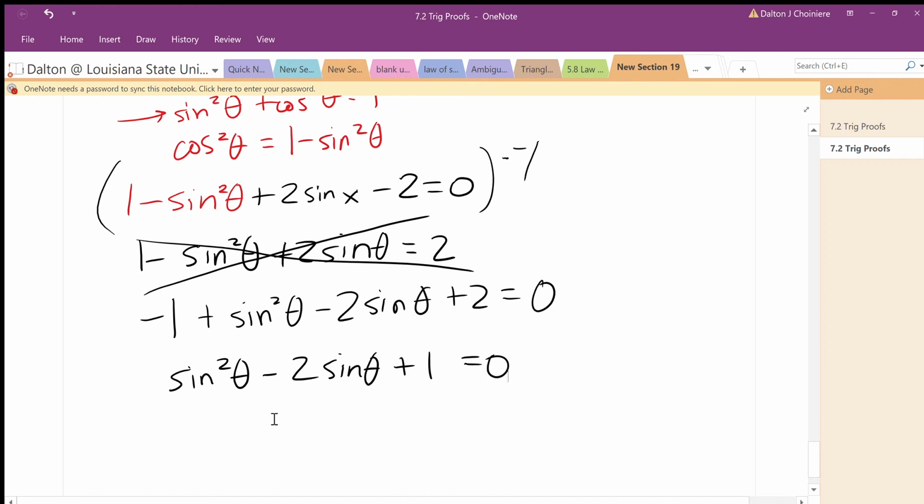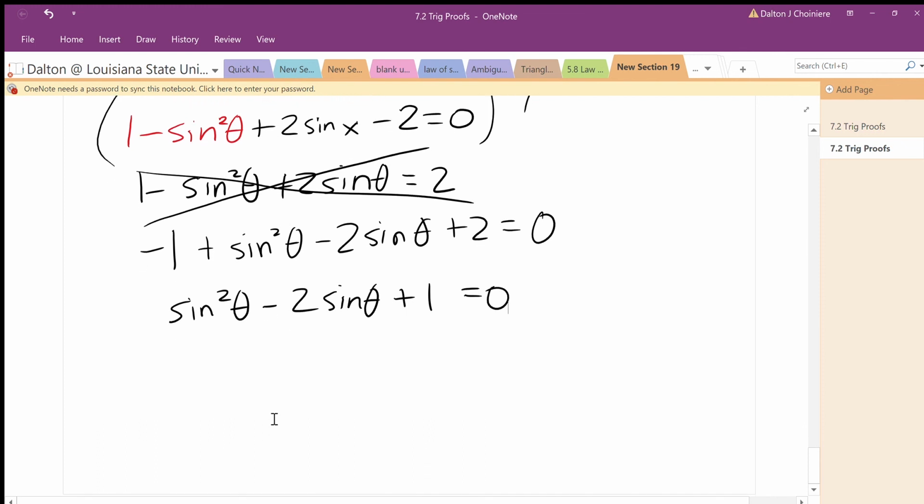Factor. What do you mean factor? What can I write? You're so close. You're so close. Do you all agree? So what Sebastian is seeing is maybe let me use the variable a instead of sine. This is a squared minus 2a plus 1 equals 0, right?